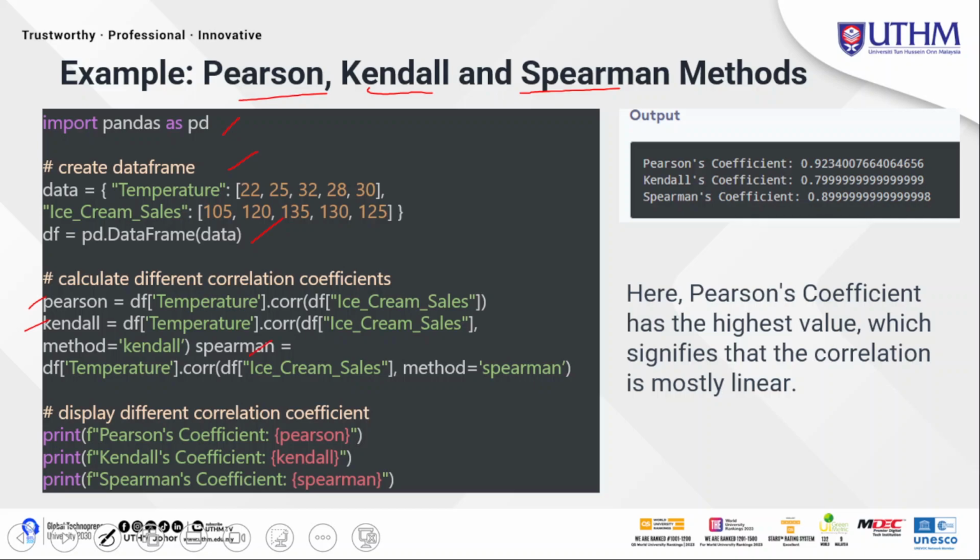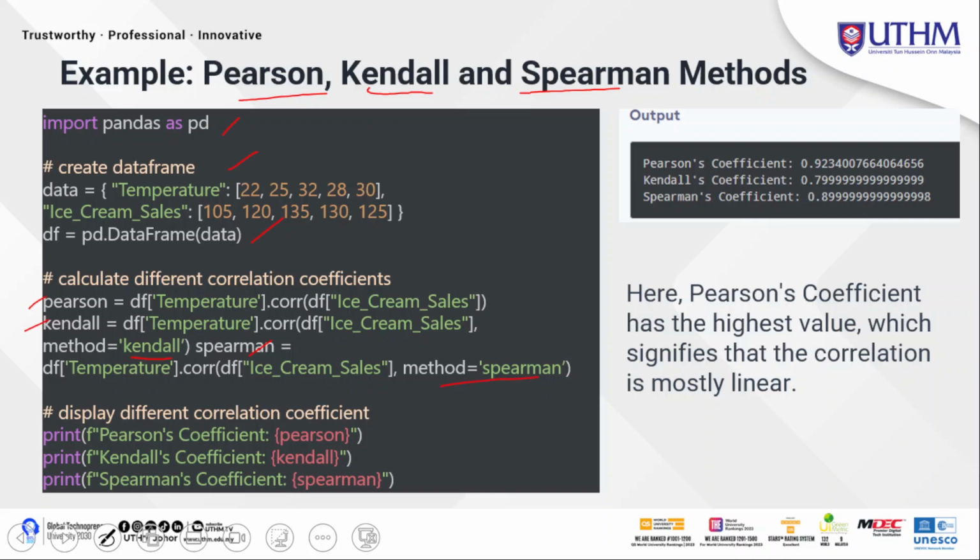Okay, so simply use the same coding, same coding. You just need to mention whether it's Pearson, Kendall, or Spearman. Okay, so here they mentioned that the first one is for Pearson. They didn't mention any method name, but for Kendall they mentioned the Kendall method.